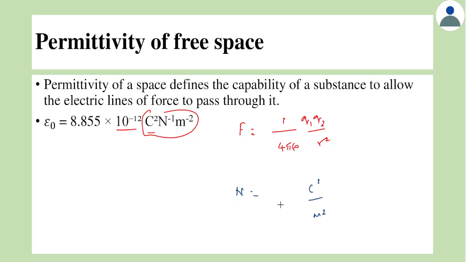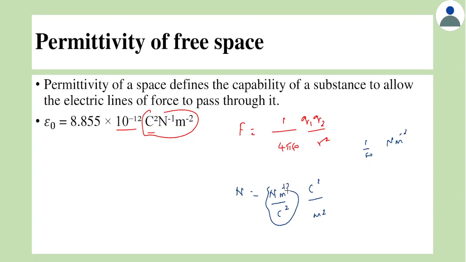So we want a term here that should be such that the answer is Newton only, because the dimension should be the same on both sides, which means you want Newton here, so it should be Newton and then per meter square per Coulomb square. This should be the unit for 1 by epsilon naught, which means it is Newton per meter square.